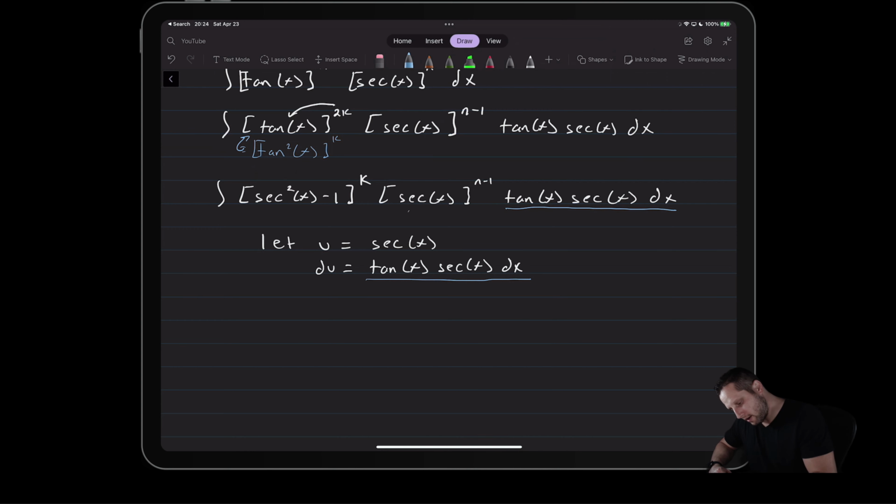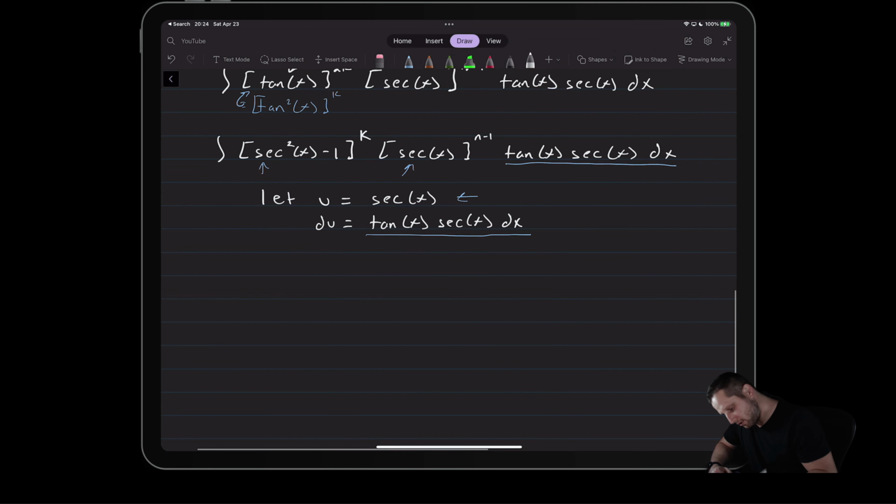And then everything else is in terms of secant. And we're ready to do our substitution. So then we have the integral of u squared minus 1 to the k power times, well, I don't need the bracket here, times u to the n minus 1 du.